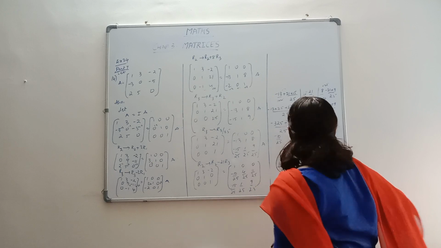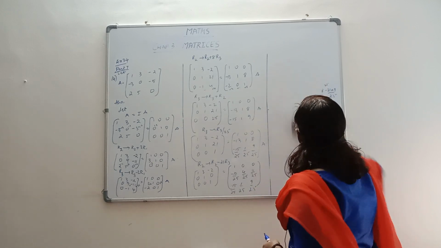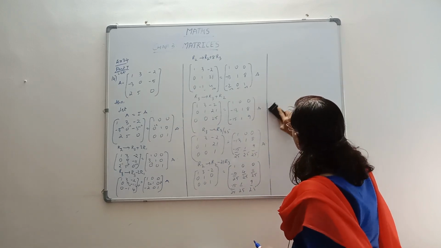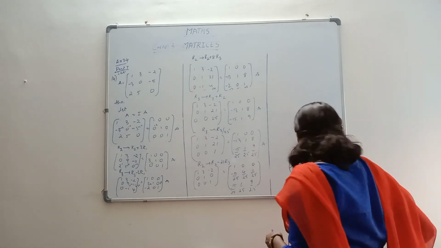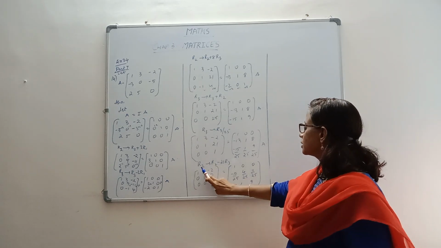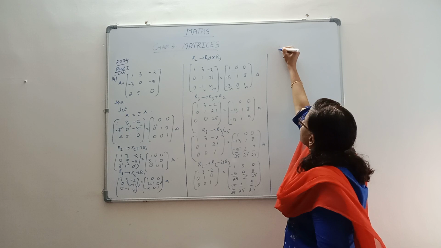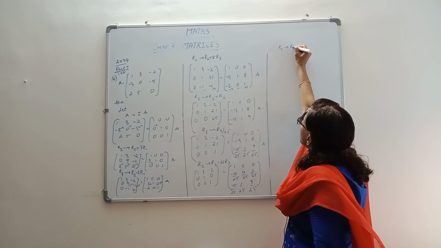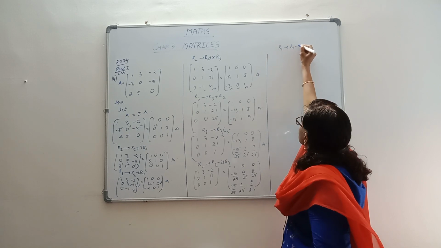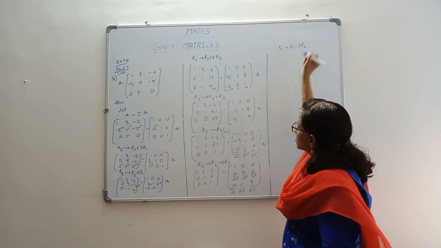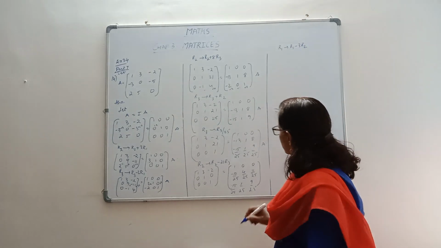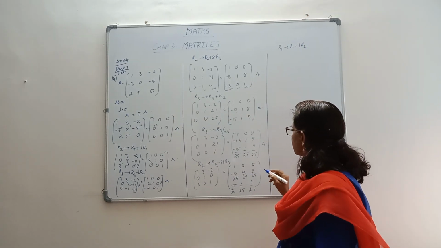So that much done. Okay, so now only 2 more entries, but of course these denominators are going to haunt you. We have to get this and this eliminated. So R1 is going to be R1 minus 3 times R2. So minus 3 times R2.